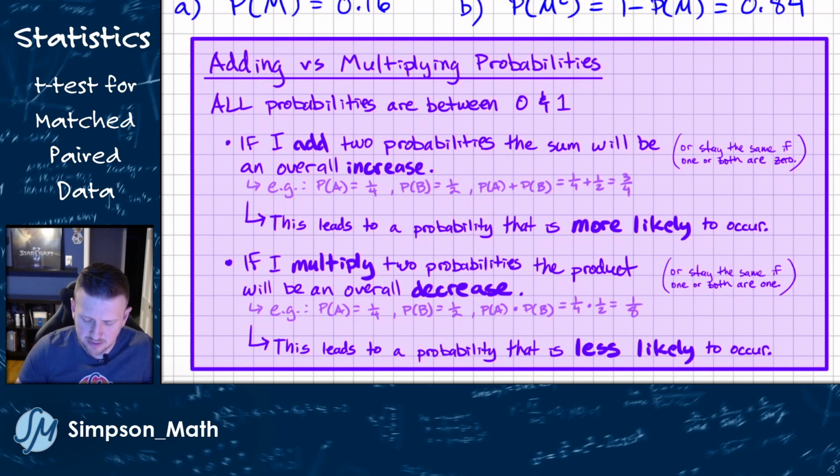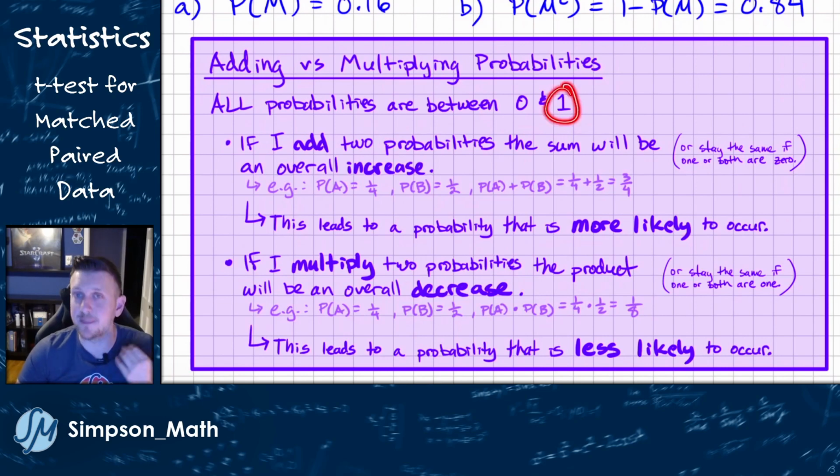All right, so again, remember, probabilities are between 0 and 1. If I multiply two probabilities, that product will be an overall decrease. This is a little bit more jarring for some of us. Again, these numbers are between 0 and 1. Imagine I take a half and I half it, I'm going to be at a smaller number. These numbers aren't negative, so they're not going to flip to be less than 0.